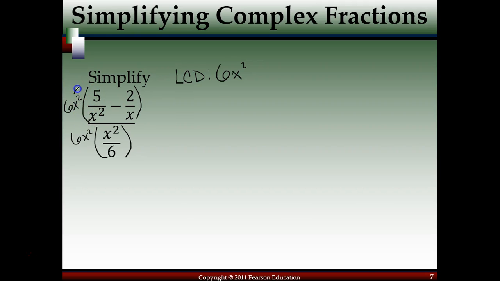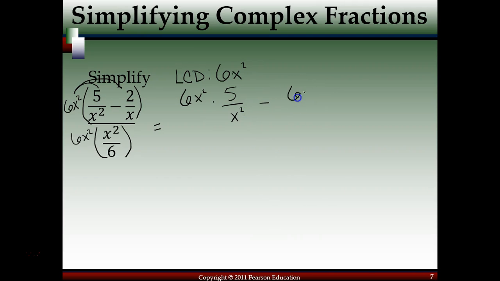Now this distributes to both of these values inside what I just put the parentheses around. And then this will multiply straight to this one. So I'm going to just write it out. 6x squared times 5 over x squared.